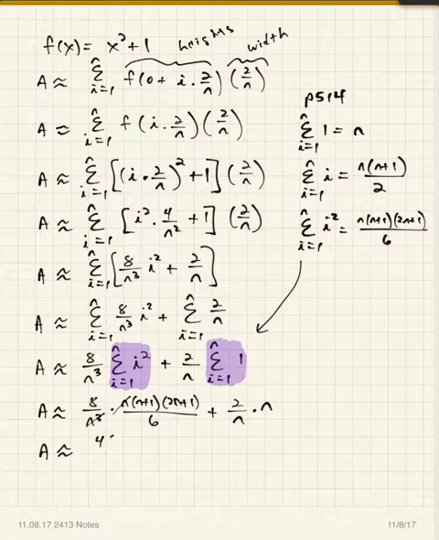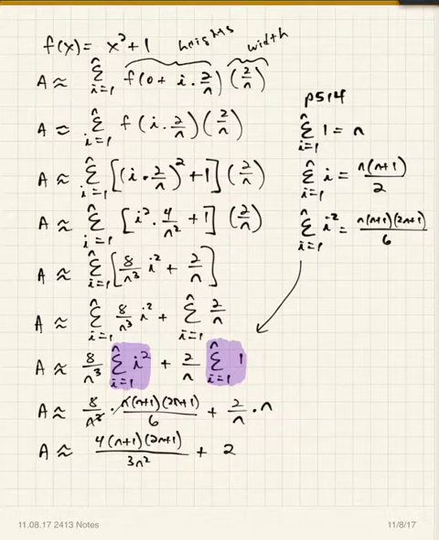So you have 4 times n plus 1 times 2n plus 1 over 3n squared. And then the second one, the n's just cancel, and I'm just left with plus 2. So you have this little formula right here that gives you the approximate area underneath that curve for n subintervals.